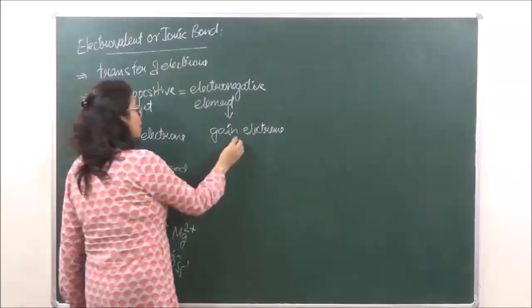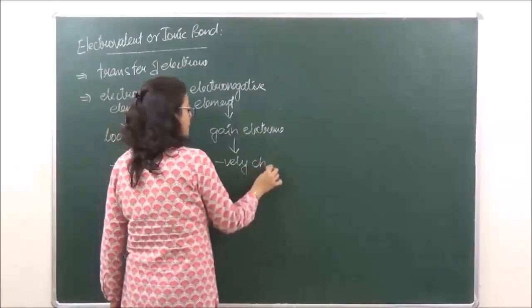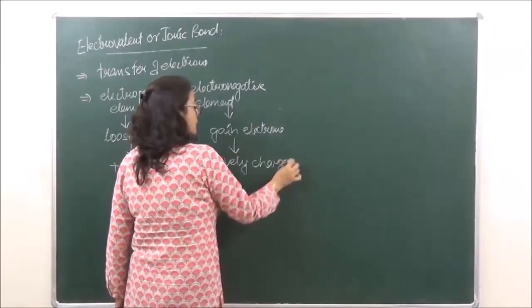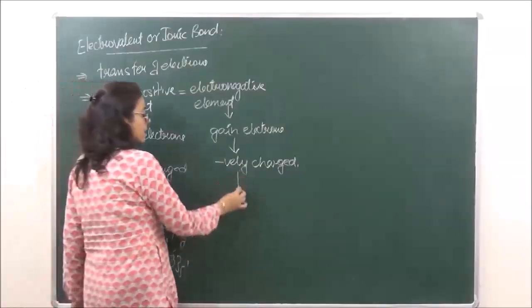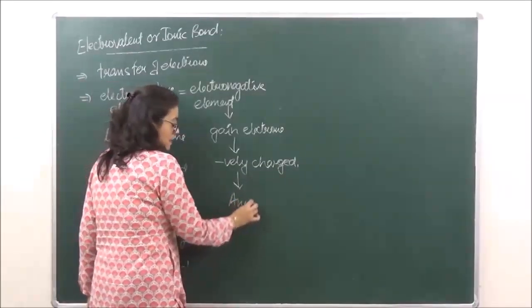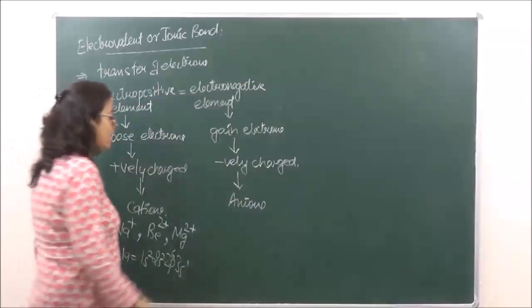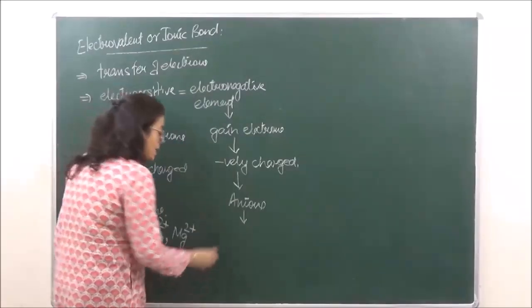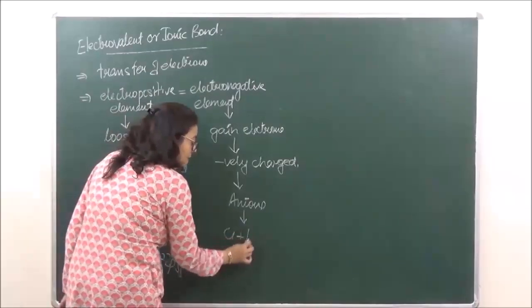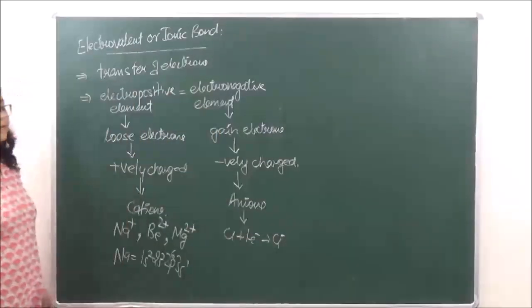Gain electrons का मतलब that they will become negatively charged, and if they are becoming negatively charged, they are known as anions. For example, all the halogens, they have 7 electrons in the outermost shell. Therefore, they have a tendency to gain one electron and form electronegative ions.